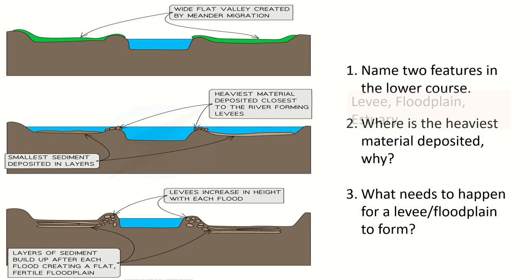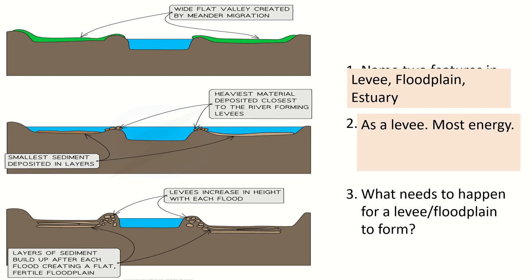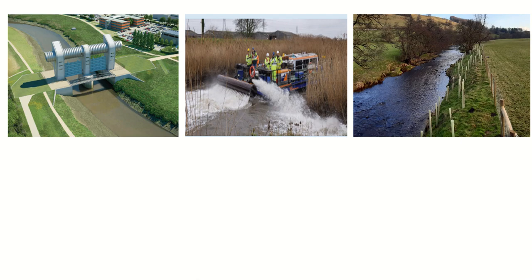So, in this lower course, we've got levees, floodplains, and estuaries. The heaviest material is deposited on the side of the bank as the levee here, where the river has its most energy. And what happens for a levee or floodplain to form? We need a flood. A flood needs to happen, as on that diagram there.